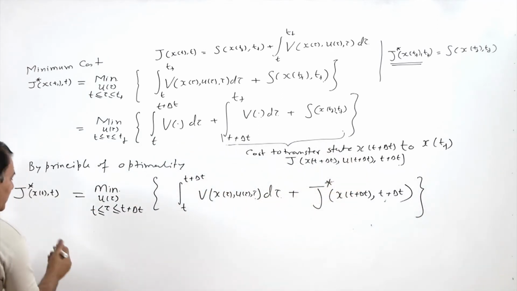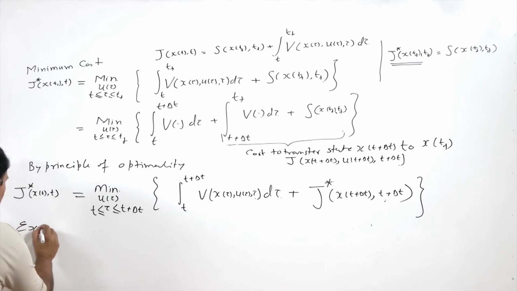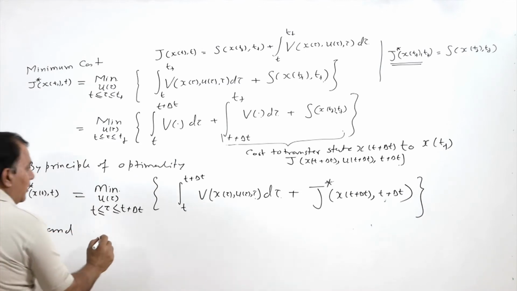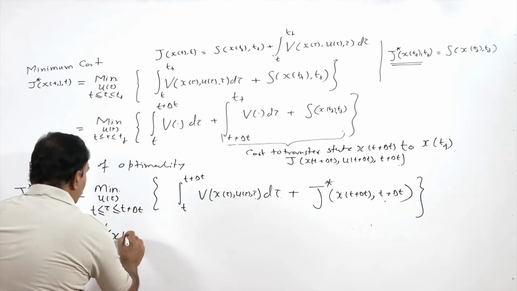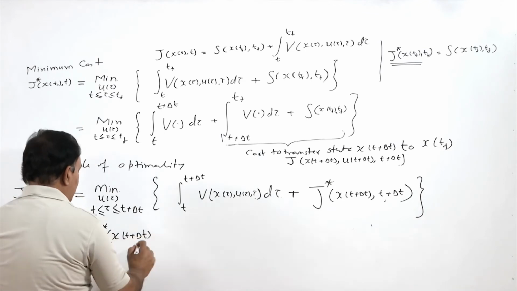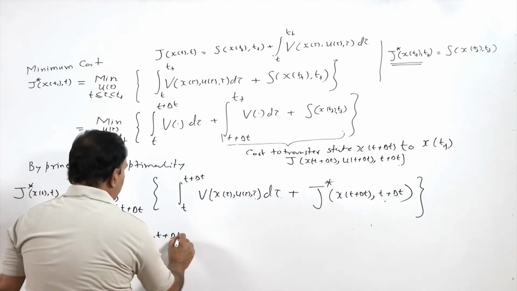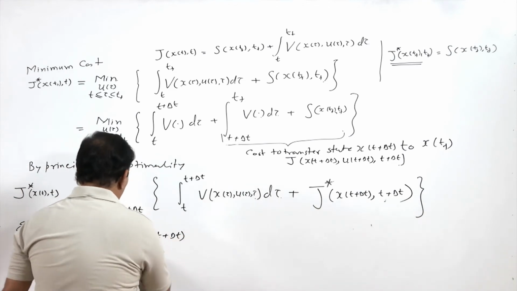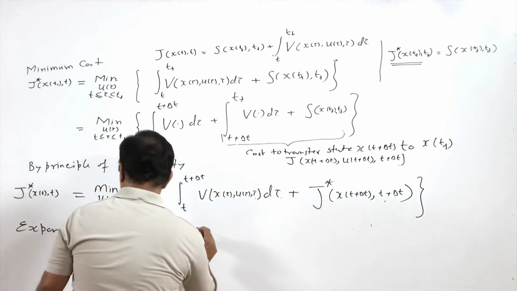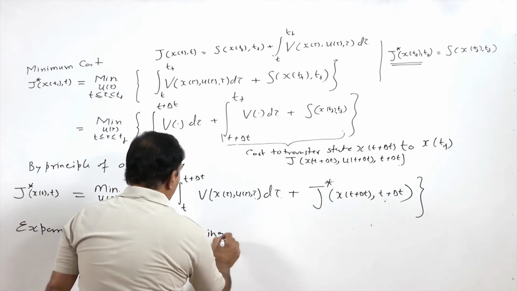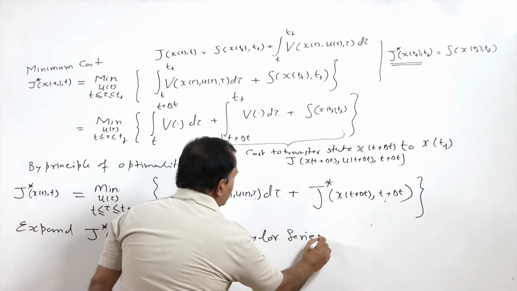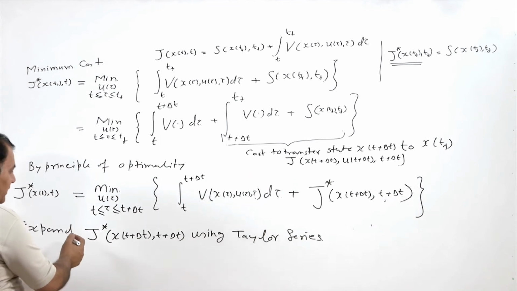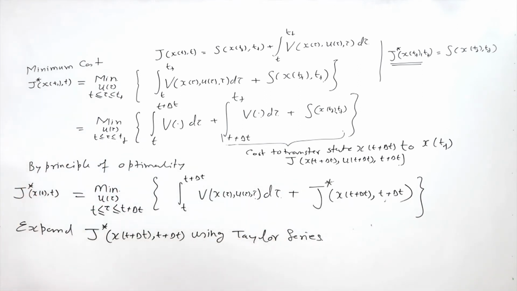Now, we can expand J star x(t + Δt), t + Δt, because it is a variation at the point t, using the Taylor series. What actually will we get by this?